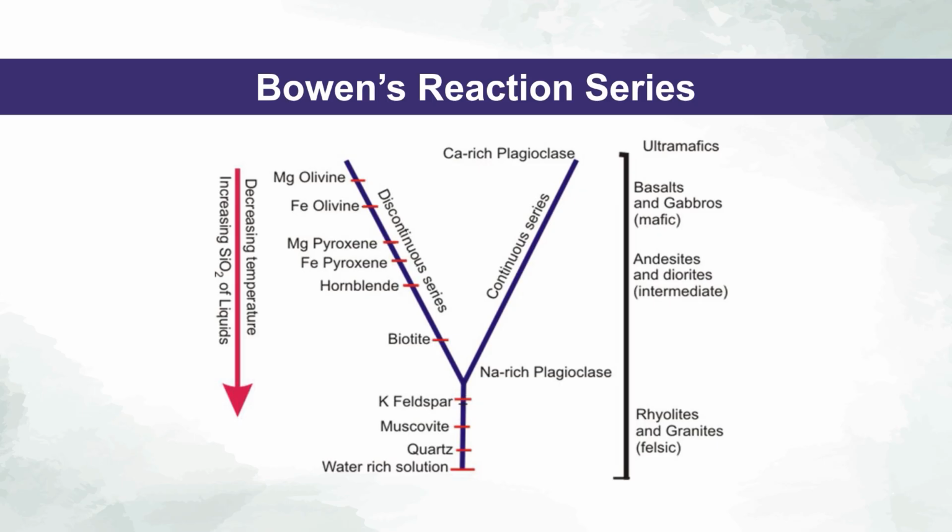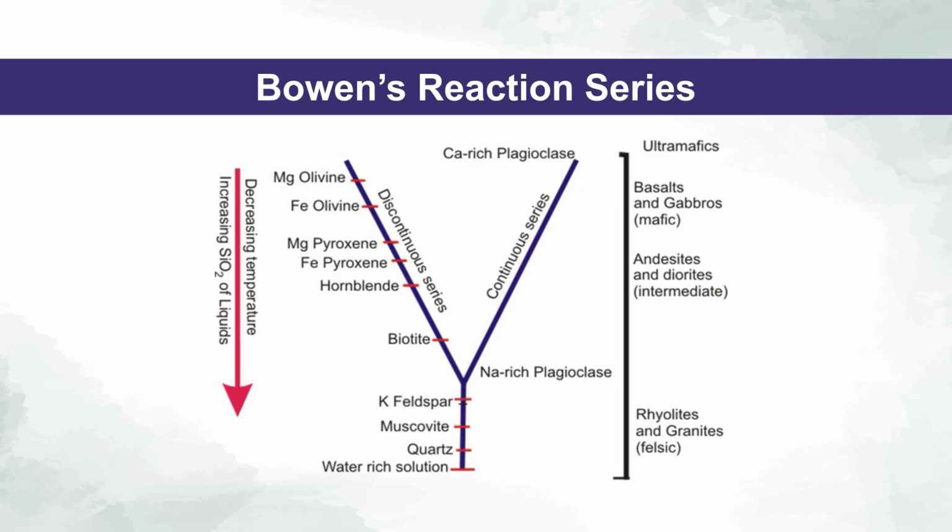Now you see, as magma cools and crystallizes with decreasing temperatures and increasing silica content in the liquid, how the rock types range. On your extreme right, you can see that initially the single magma, when it undergoes cooling and crystallization, may form ultramafics with low silica percentage.